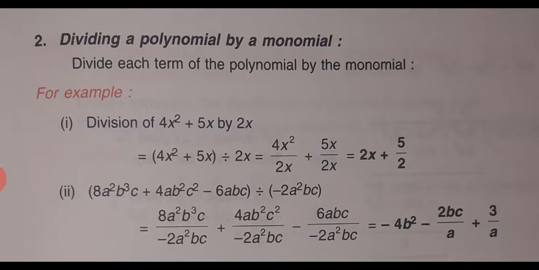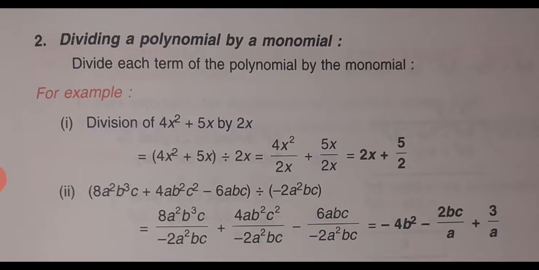Coming to the second example, 8a square b cube c plus 4ab square c square minus 6abc divided by minus 2a square bc. So all the three terms will be divided by minus 2a square bc. So dividing 8a square b cube c by minus 2a square bc, we shall get minus 4b square.